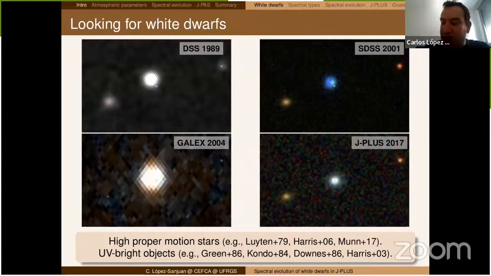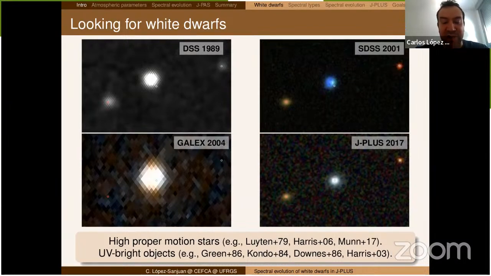Why? Because they are low luminosity objects. So at a given observed magnitude, white dwarfs are the closest objects that you can see, and those are those that move faster. So looking for high proper motion provides you candidates to then follow up with spectroscopy and confirm them as white dwarfs.